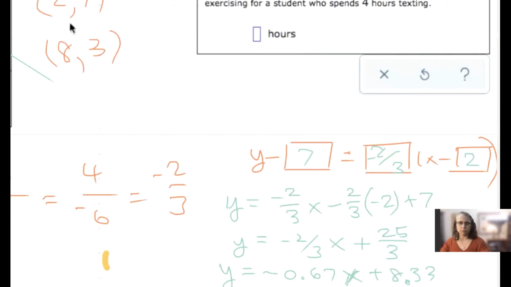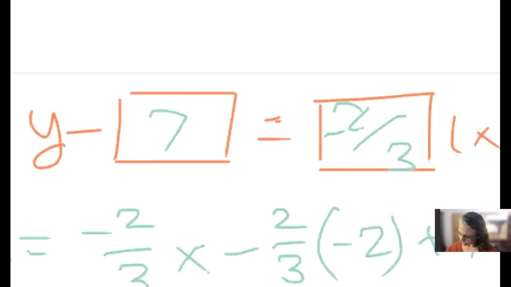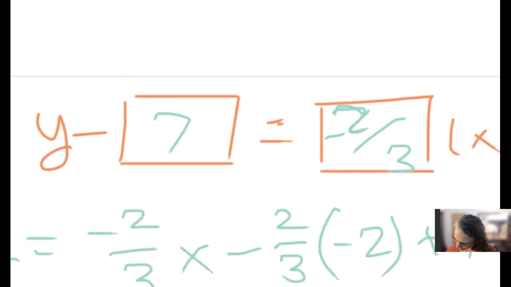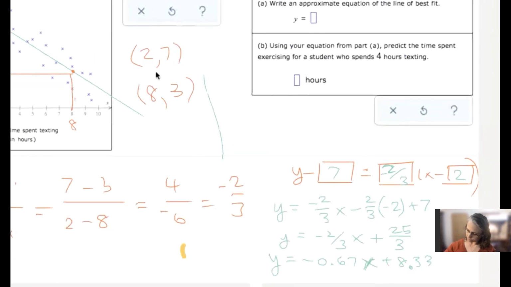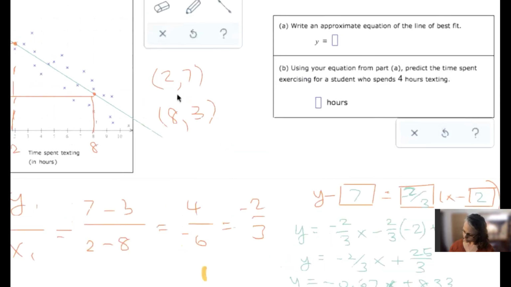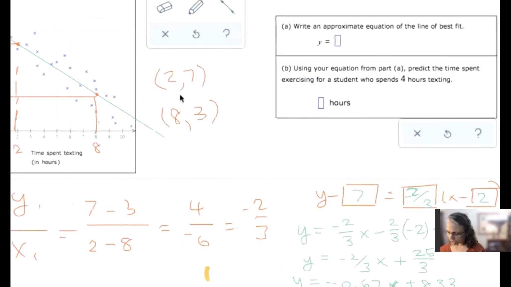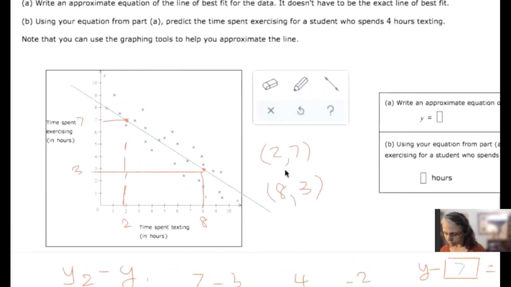If the problem didn't tell me I needed slope-intercept form, I wouldn't have gone to the work of putting it into slope-intercept form. But this problem does want me to do it. And then you'd plug your number in. One of the things that I double check is arithmetic mistakes.